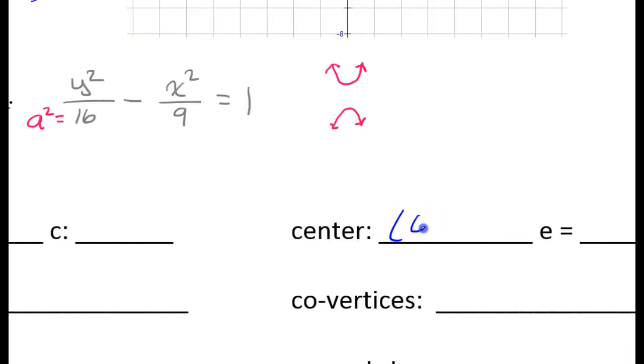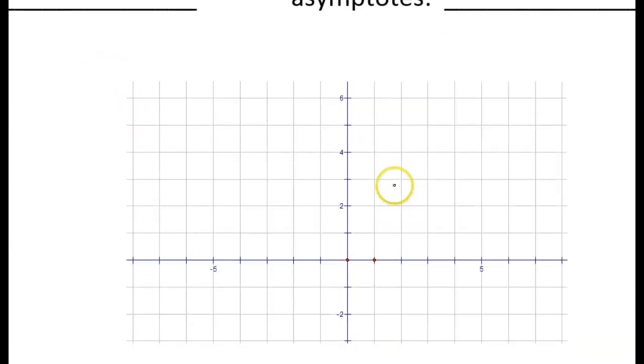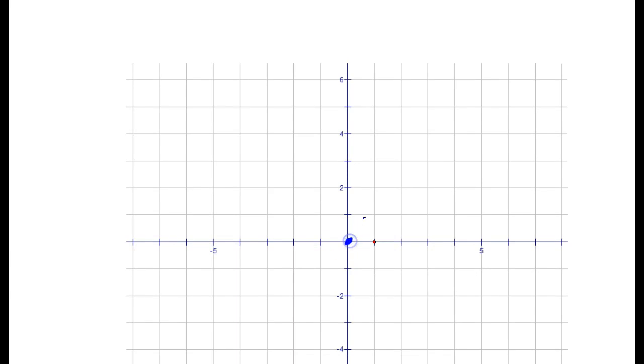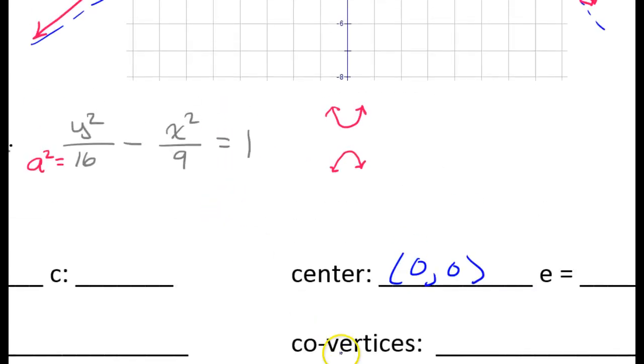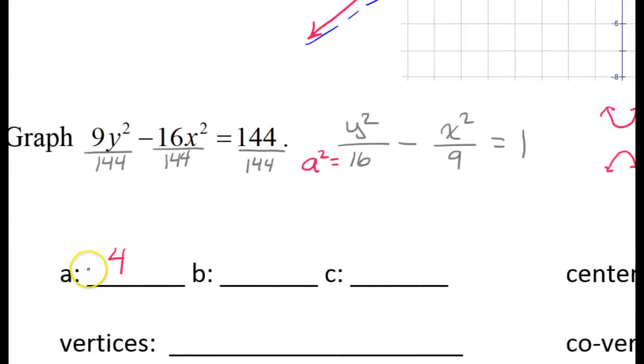Now, because the 16 is the denominator of the y term, I will do plus or minus 4 in the y direction. I guess I should formally mention, we know that the center is 0, comma 0, because we simply have x squared and y squared, not x minus 3 squared or y plus 2 squared or anything like that. Now, like I said, the a value is 4.